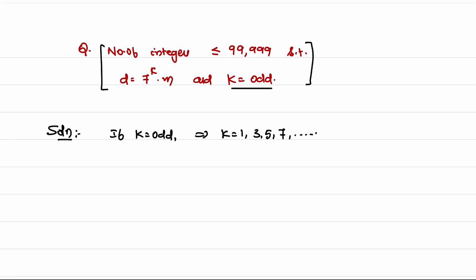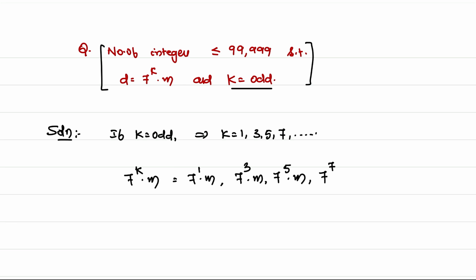The numbers will be 7 to the power of k into m, that is, 7 to the power of 1 into m, 7 to the power of 3 into m, 7 to the power of 5 into m, 7 to the power of 7 into m, all these.